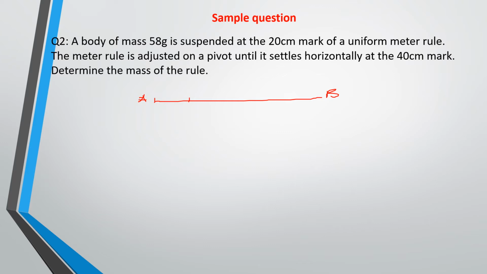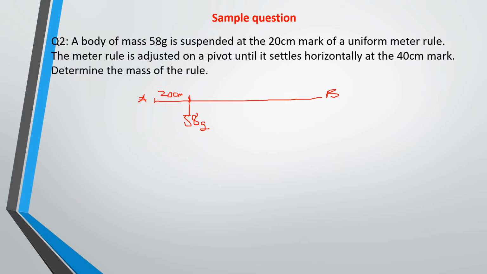Okay, so we are suspending the body at this one, and then the body is suspended at this 20 centimeter mark. It's 58 gram. Okay, so this is the 20 centimeter mark. You put it there.